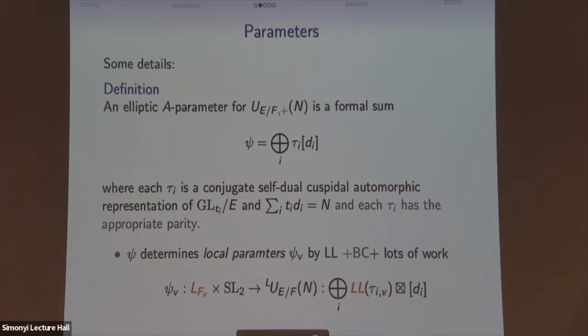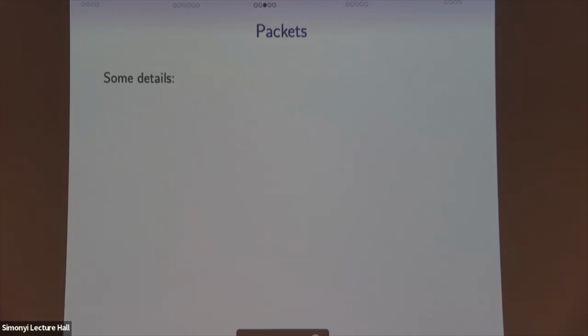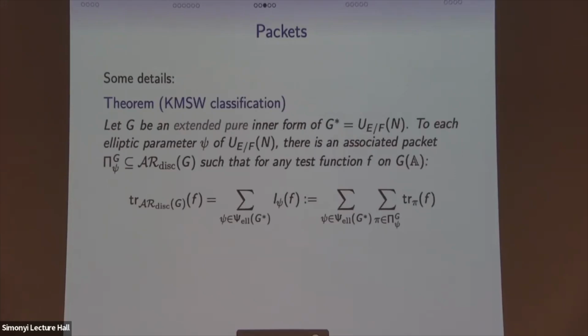Next, let's talk about some details of what these packets are. The main theorem of the classification is that the discrete automorphic representations of G get partitioned into subsets for each parameter. Let G be some inner form of this quasi-split unitary group.